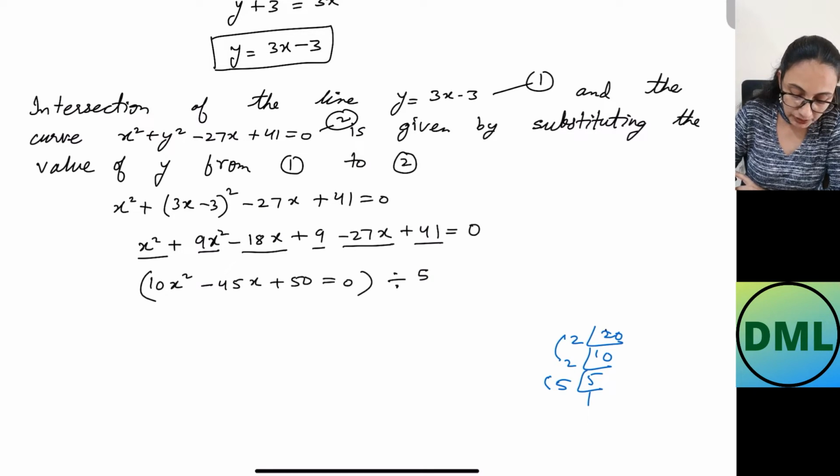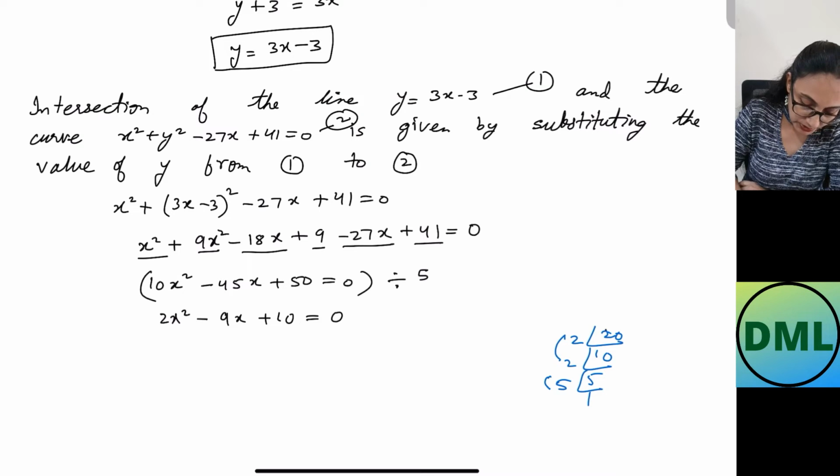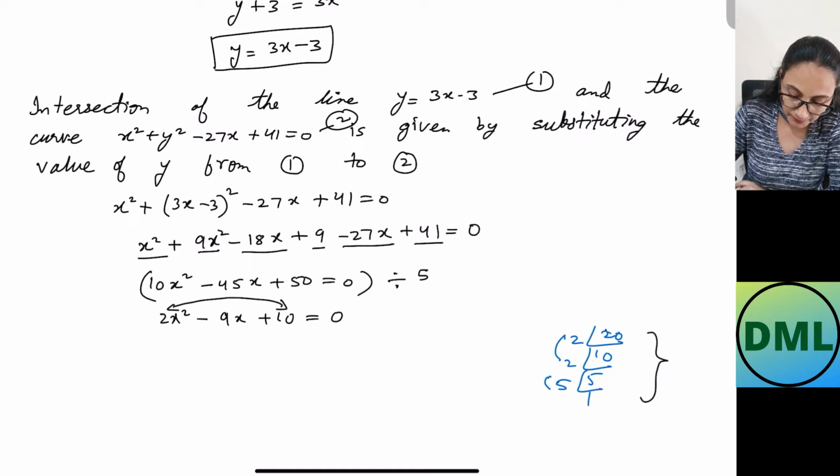Now divide the whole equation by 5. So it will be 2x² - 9x + 10 = 0. Now I need to multiply a and c, which gives 20. As you can see, I made the factors here: the factors are 2, 2 and 5. Now I need to multiply in such a way that I get 9, so I took 5 and 2 times 2, which is 4.